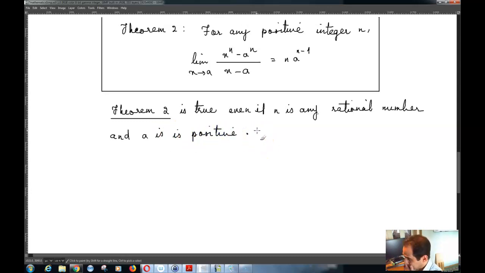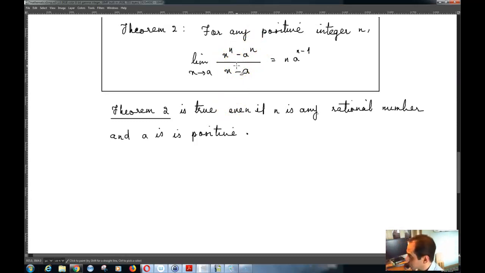Now the reason it says that a has to be positive and n is any rational number, let's see how that works out.